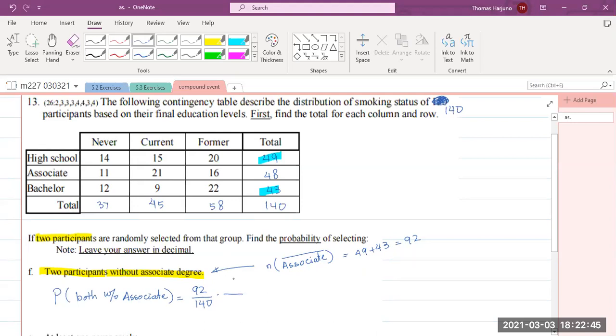Then how many people without associate degree left in that pool? There should be 91, right? Over 139. 92 times 91 divided by the product of 140 times 139. I get 0.430215. To 5 decimal places, that's the probability.